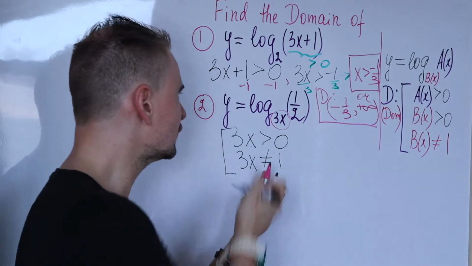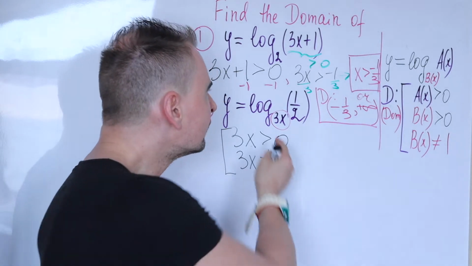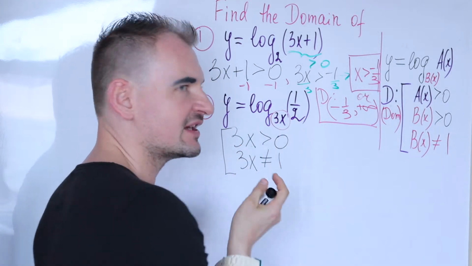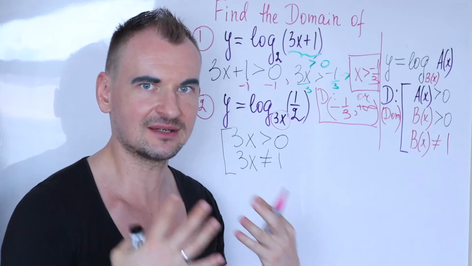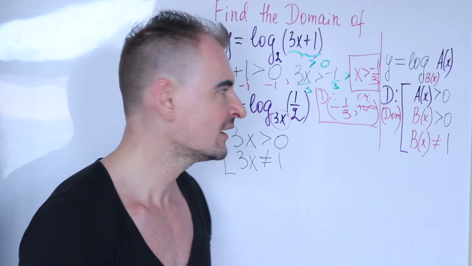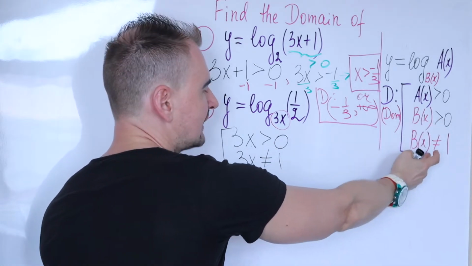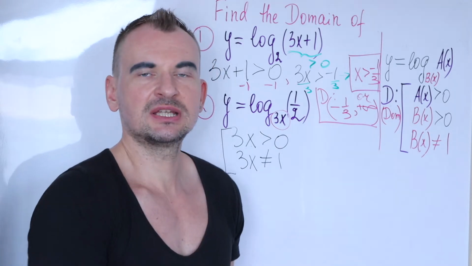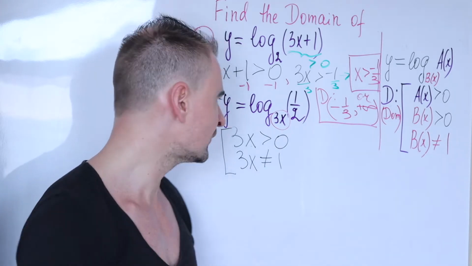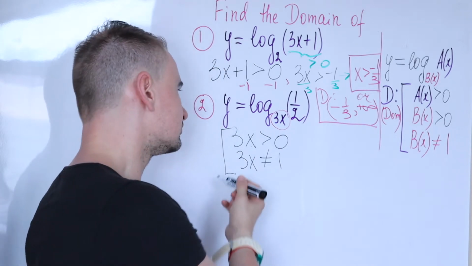And notice you pull down 3x, not x at this point. So whatever you are given as a base, you take it entirely, and you set it greater than 0 and not equal to 1.